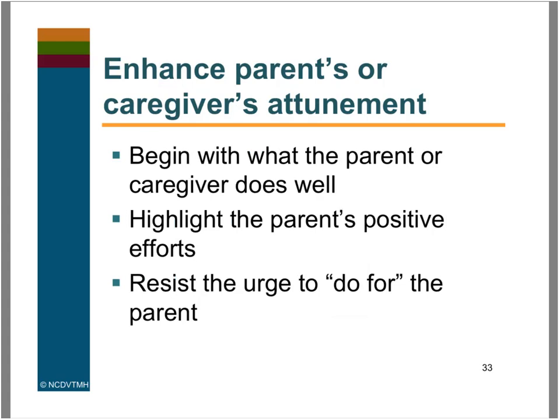Particularly when there's been a history of domestic violence, the parent's sense of herself and confidence may have been really broken down over time in the relationship with an abusive partner. So it's really helpful to have another adult that you trust who's supporting you point out what you're doing well.